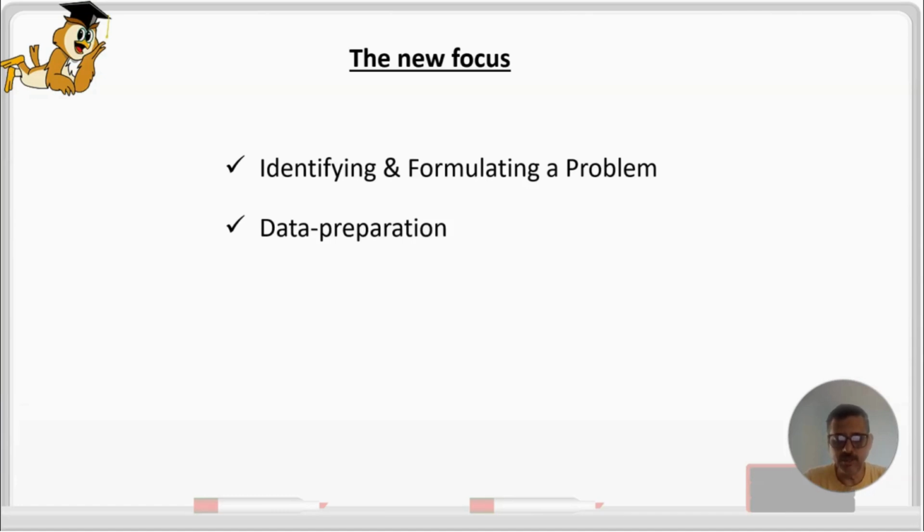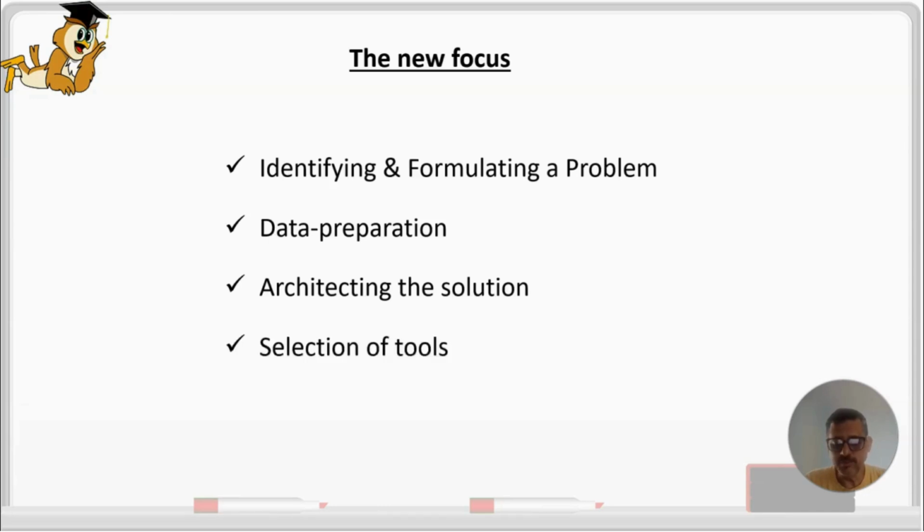Secondly, data preparation. We have spoken extensively about how data preparation is important, and that's an important part of an AI engineer's job. The third step would be architecting the solution. Architecting the solution means putting together different ideas in a sequence that makes sense, towards building the solution that solves your problem. Next is selection of tools. Are you just going to be writing Python code, or are there other frameworks that you will use?